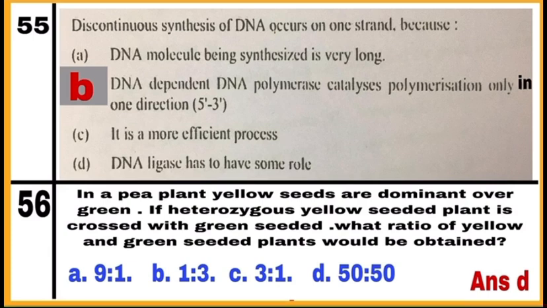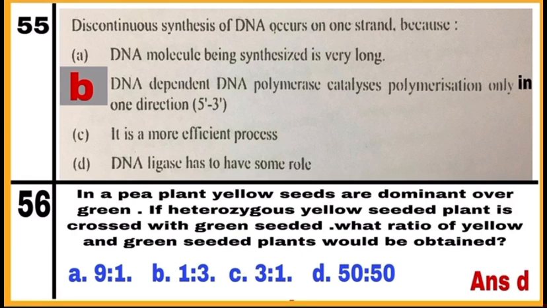Discontinuous synthesis of DNA occurs on one strand because, here option B is correct. It is because DNA dependent DNA polymerase catalyzes polymerization only in one direction, that is from 5' to 3' end. So here mark B as a correct answer.